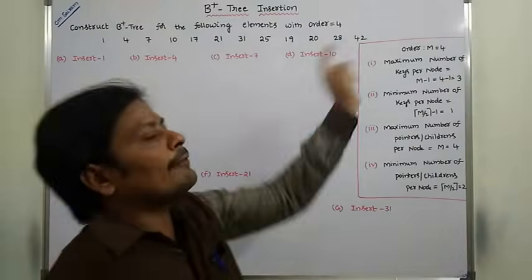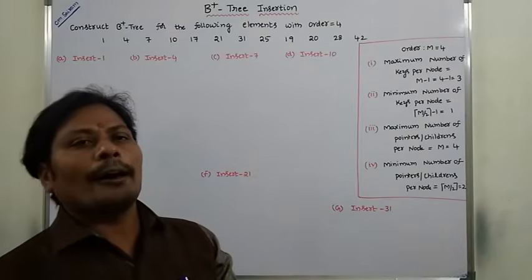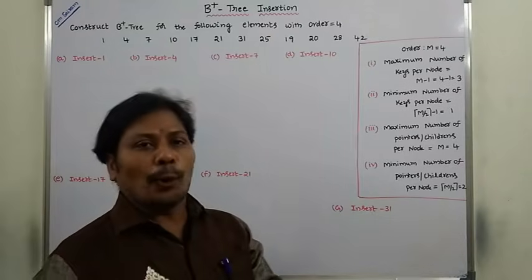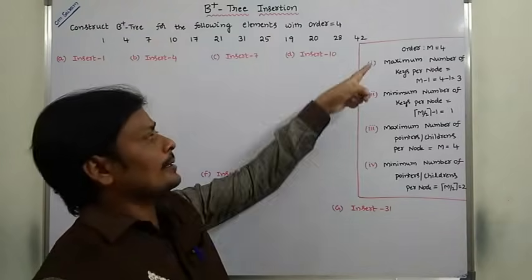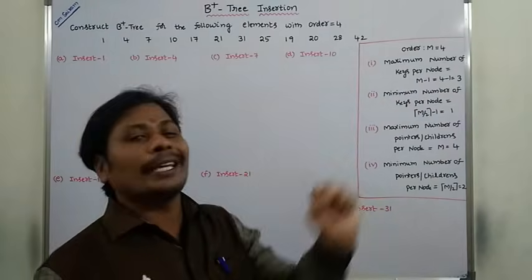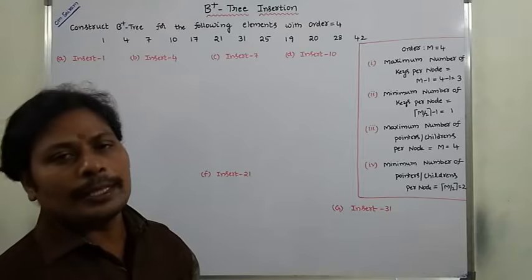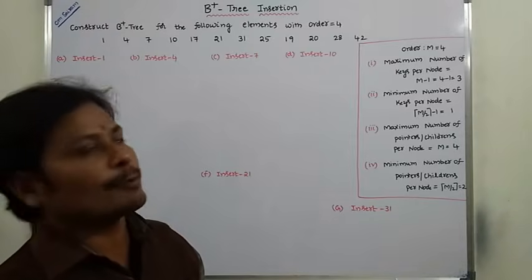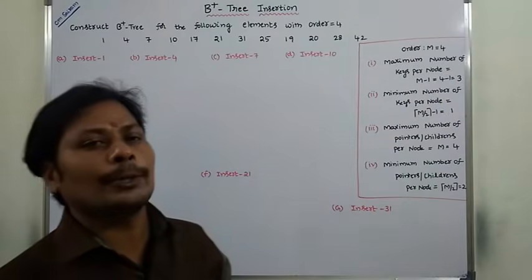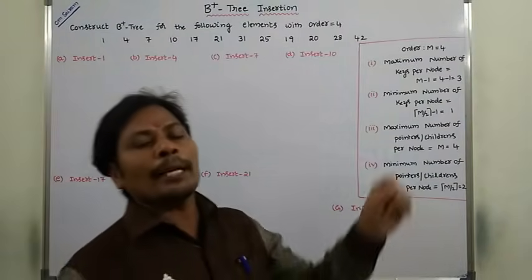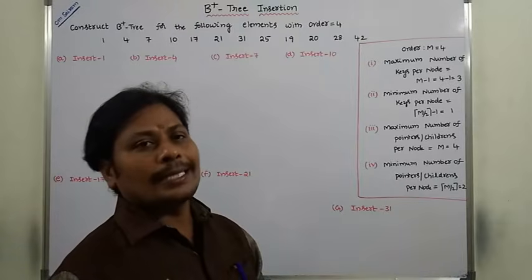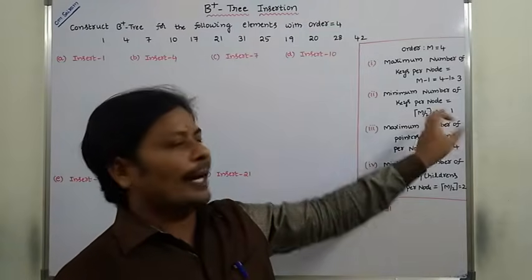Whenever we have a B plus tree of order 4, each and every node must satisfy these properties. First, the maximum number of key elements per node is m minus 1. Here m value is 4, so 4 minus 1 is equal to 3. Minimum number of key elements per node is ceiling of m by 2, minus 1.